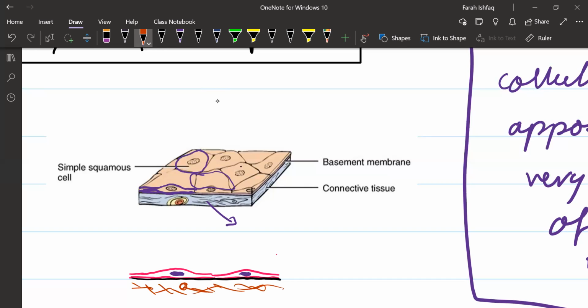So this is the simple squamous epithelium, a common type of epithelium which occurs in the body.